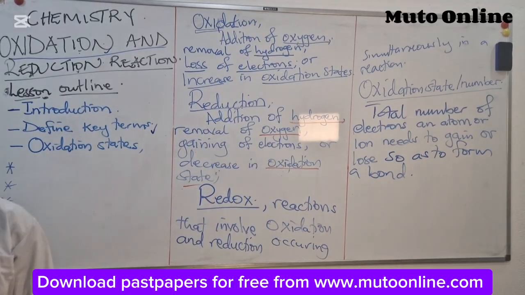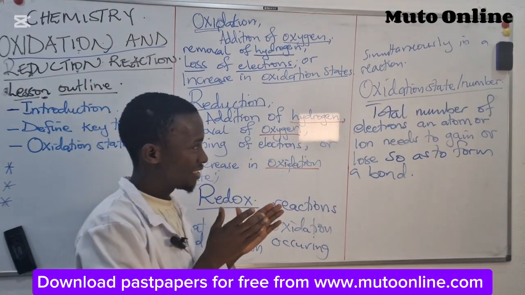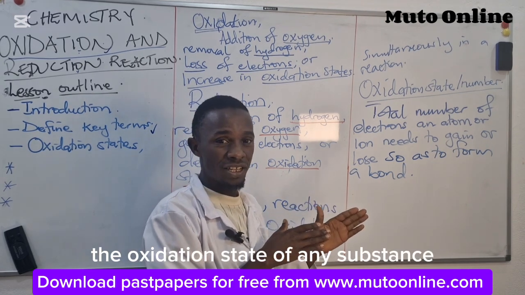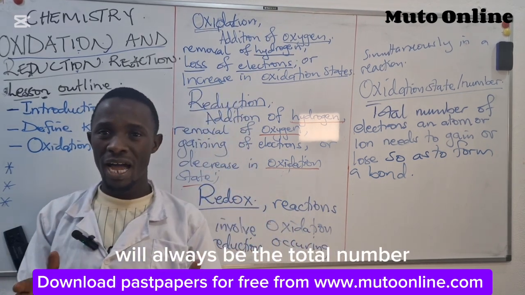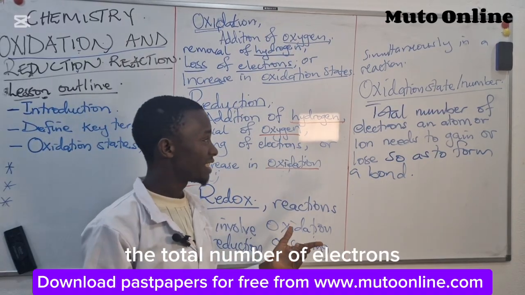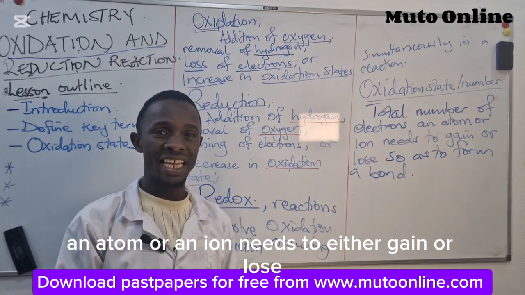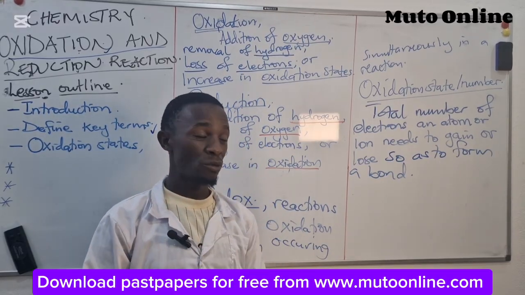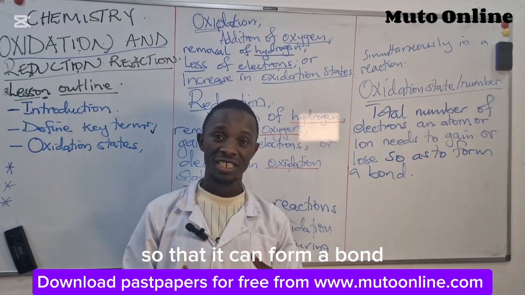The oxidation state of any substance will always be the total number of electrons an atom or an ion needs to either gain or lose so that it can form a bond.